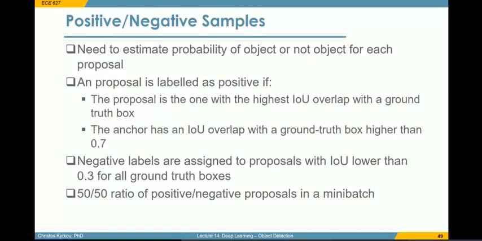Once we have determined these labels, then we can train the region proposal network end-to-end with the rest of the system. But it's important to note here that to make the training stable, we want to have a balance between the number of negative and positive proposals in each of these mini batches.